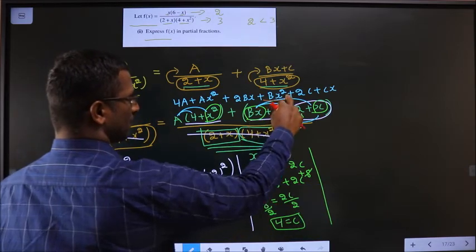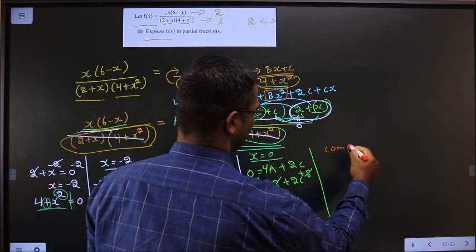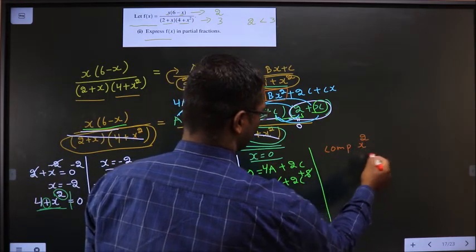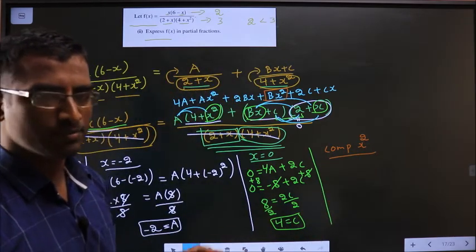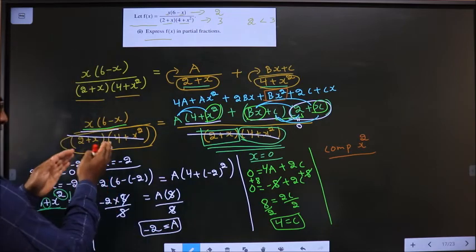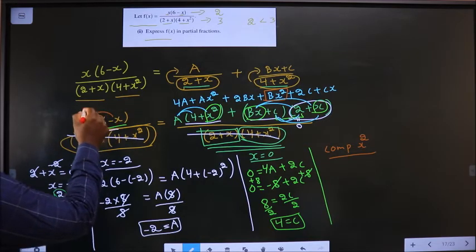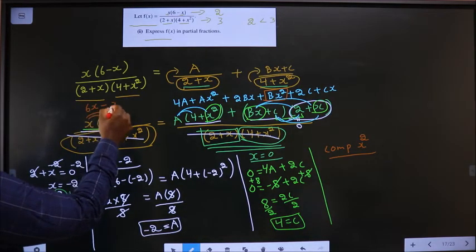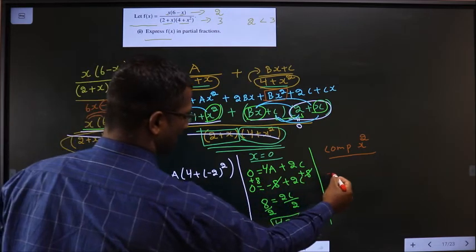Okay. Now you are trying to get the value for b. b is the coefficient of x square. So we should compare x square coefficients now. Okay, comparing x square coefficients on both sides. What is the x square coefficient on this side? To decide that, here also I need to open up the bracket. So what do I get? 6x minus x square. So the x square coefficient on this side is minus 1.